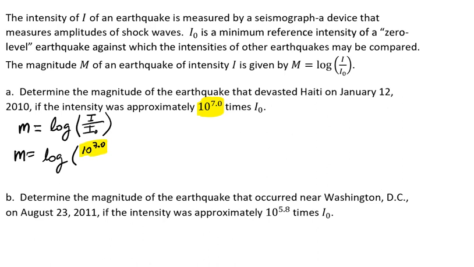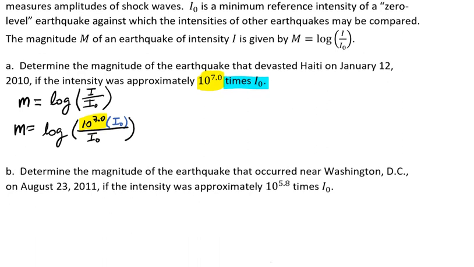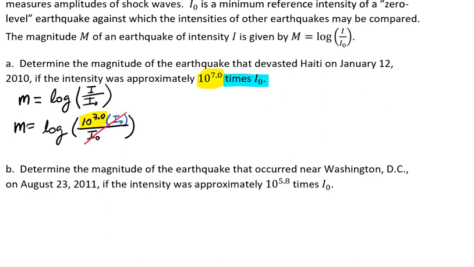And it says times I, so times our I naught. And the equation says to then divide that by I naught. And as we're doing this particular problem, we're going to be able to cross off our I naughts right here.